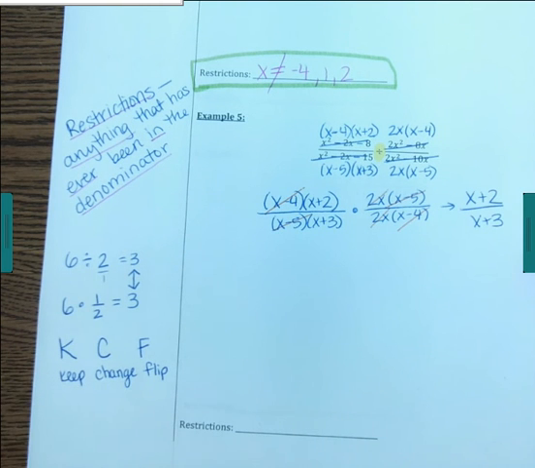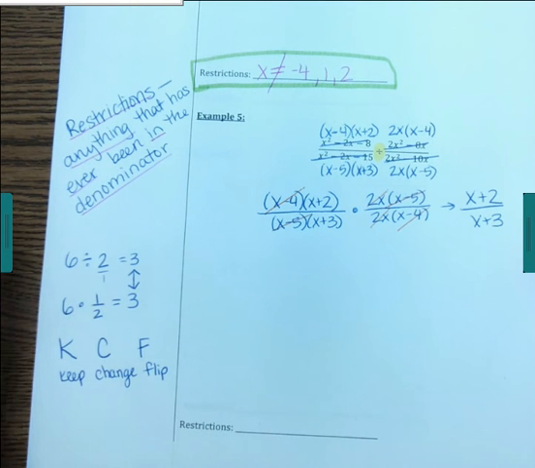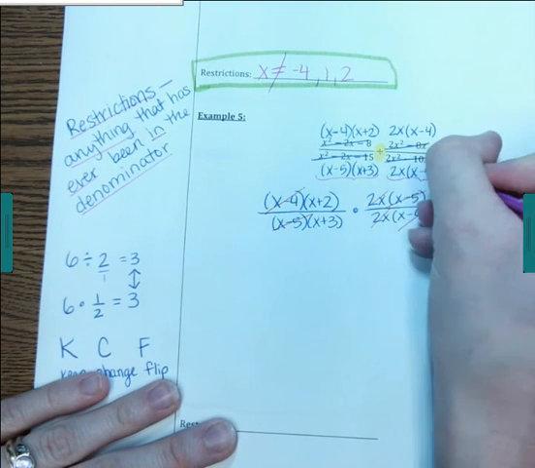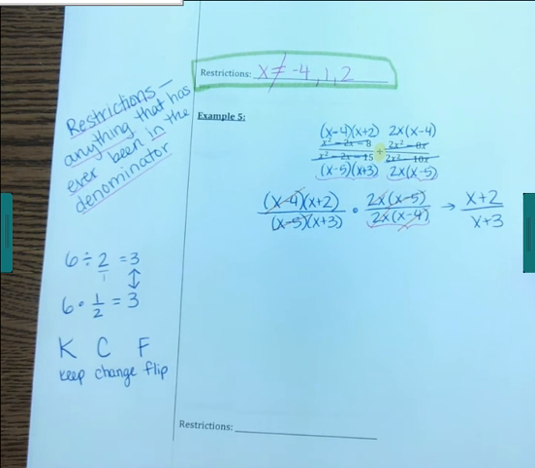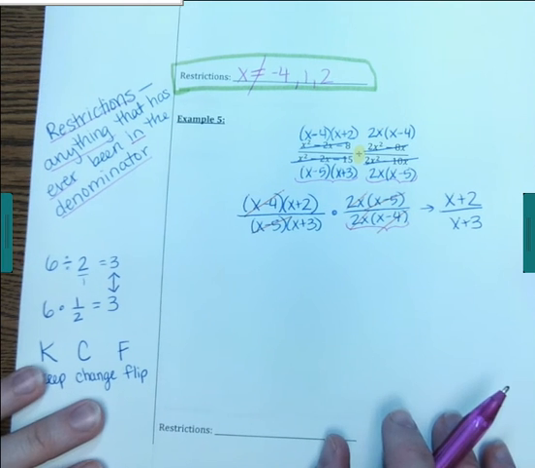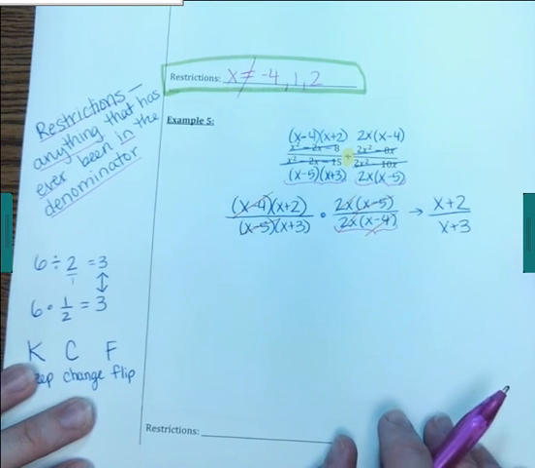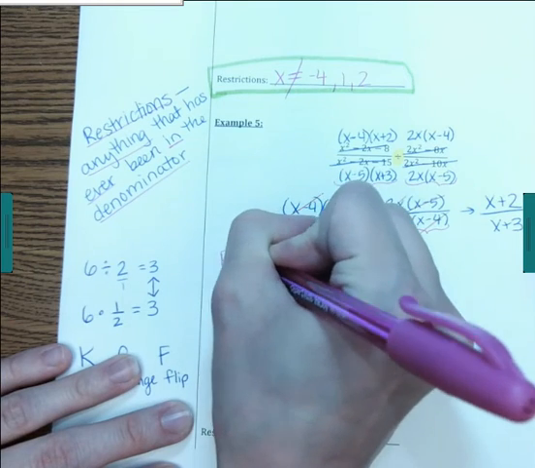Now remember, restrictions are anything that has ever been in the denominator. So let's see all the things that have been in the denominator. This has, and also this has. So we're going to list them all out, but there will be some redundancies, meaning you'll see some things happening twice that we don't need. So I'll just start listing them over here. So restrictions.